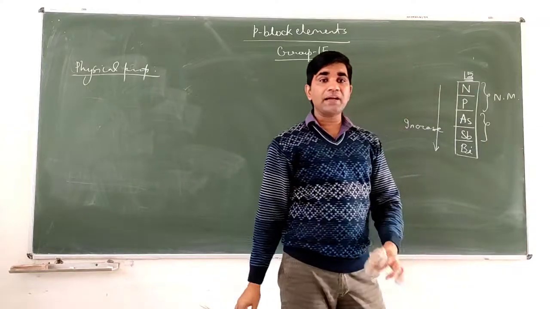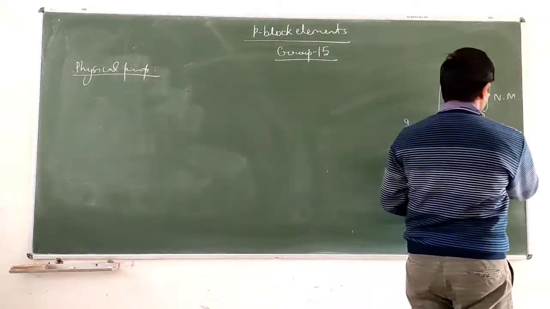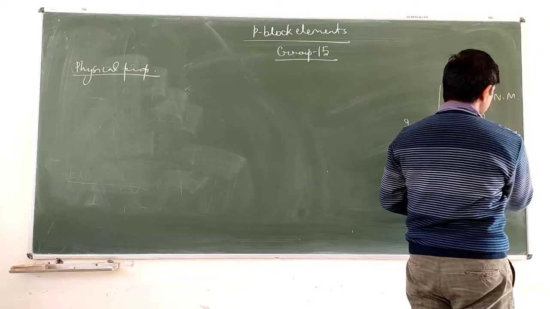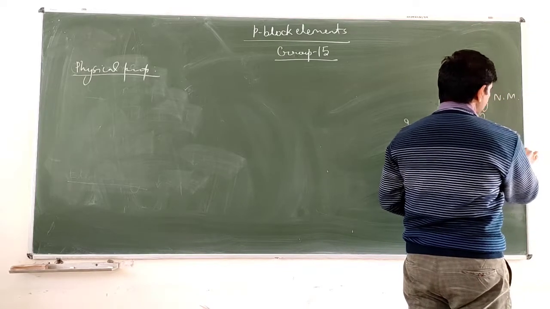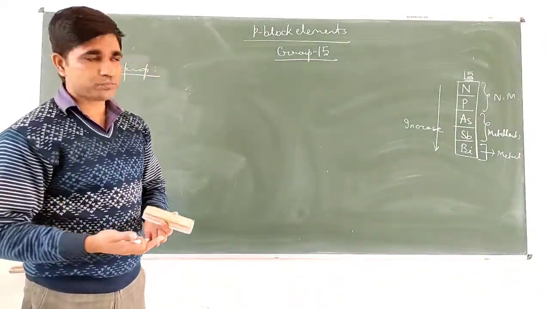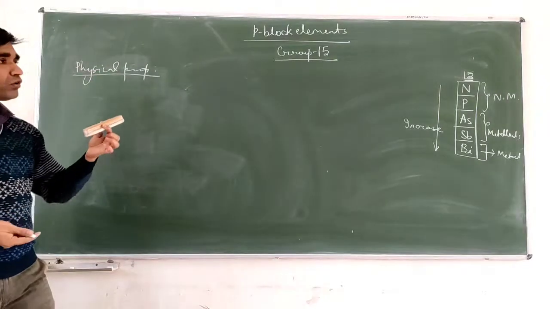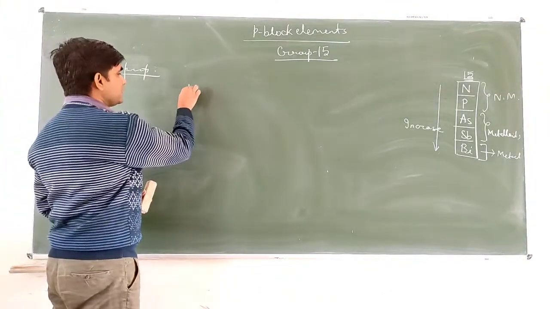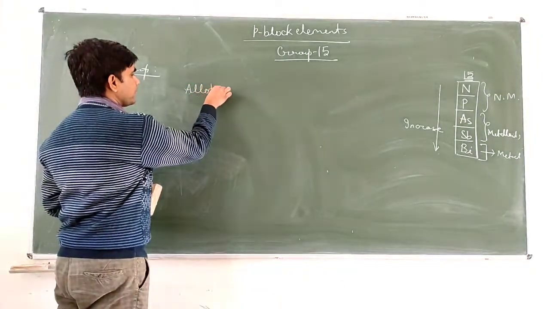Arsenic and antimony are metalloids, whereas bismuth is a metal. So we can say in general metallic character increases down the group. Here this is another physical property of group 15 elements. Apart from this, they exhibit allotropy.